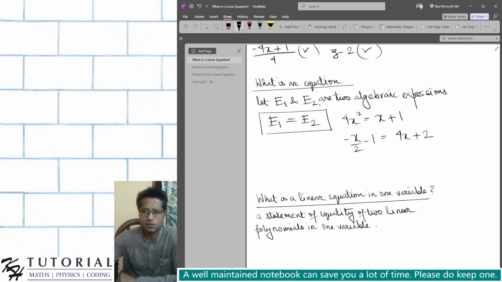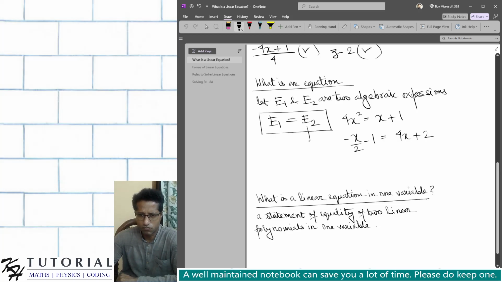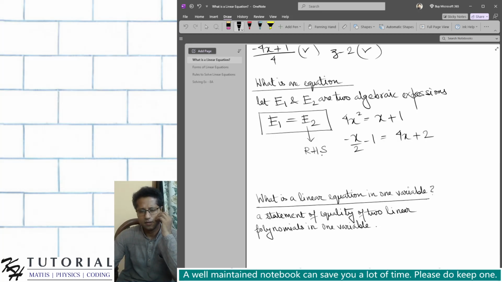Now, by convention, the expression to the right hand side of the equality sign we call the RHS, that is, the right hand side. When we say RHS, we mean the expression to the right of the equality sign.